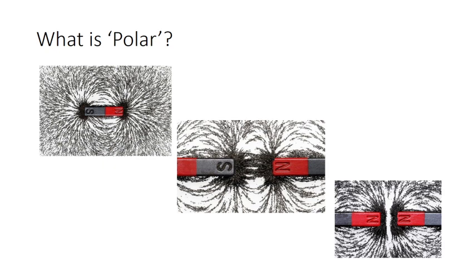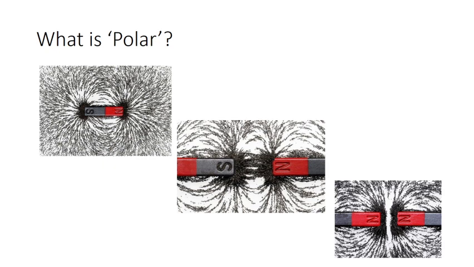But thinking about this, we know that magnets are attracted to each other, north to south, and repel each other, north to north or south to south. You can see in these pictures the filings flow between the two poles, north and south, and there's this big space where the fields are pushing against each other.